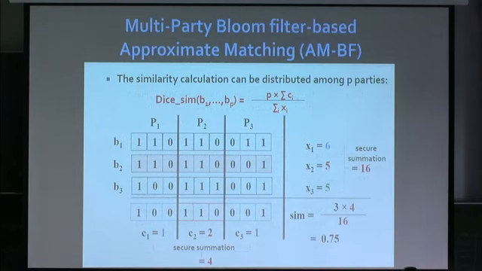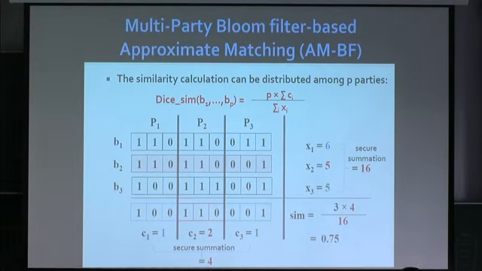In our first technique based on Bloom filters, we distribute the similarity calculation of P Bloom filters across P database owners. The dice coefficient similarity of P Bloom filters can be calculated as P times the number of common 1 bits found in those P Bloom filters divided by the sum of 1 bits in each Bloom filter. So our idea is to split the Bloom filters into P segments such that each party processes a certain segment in the Bloom filter.